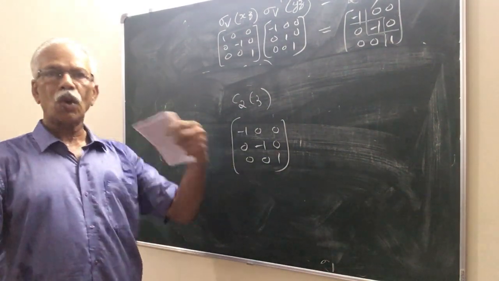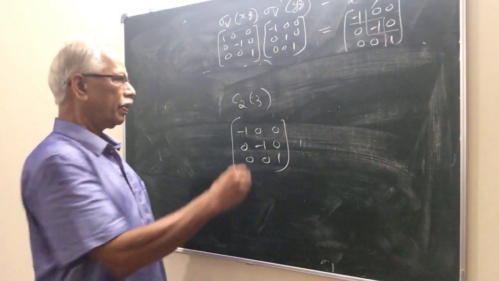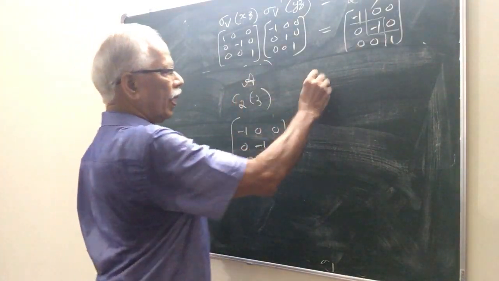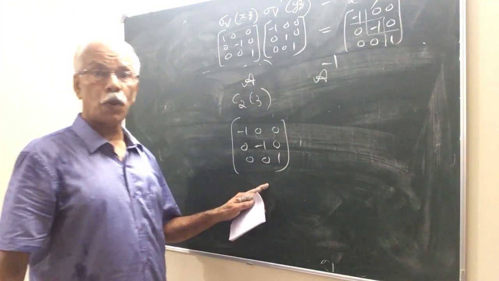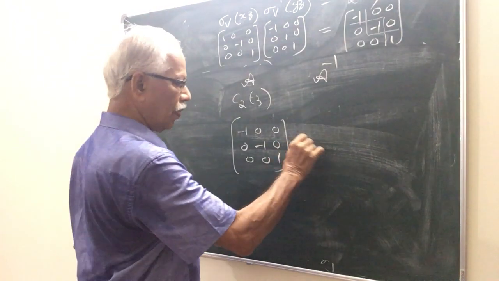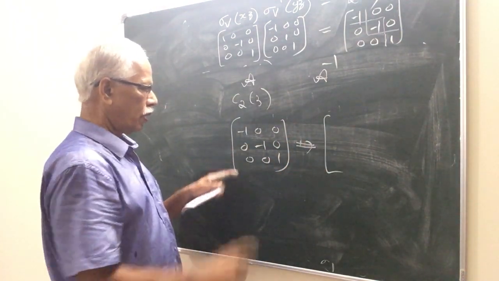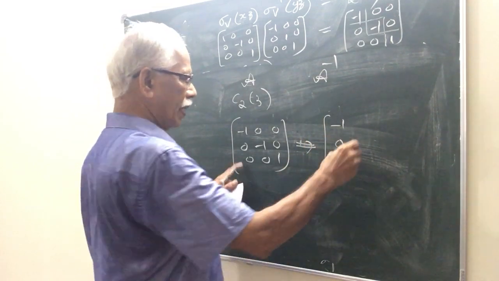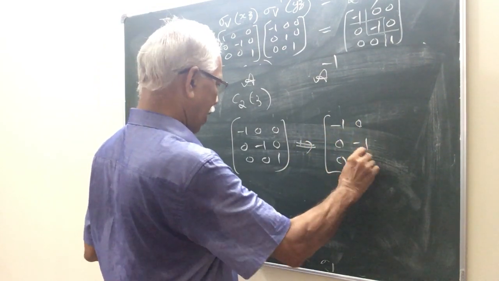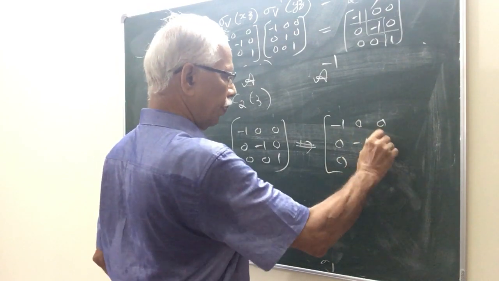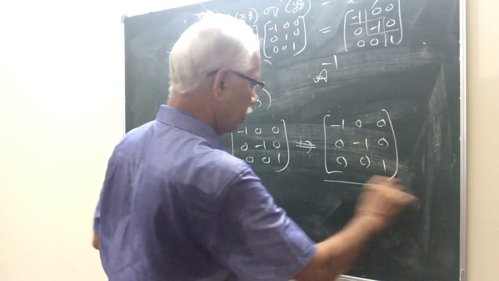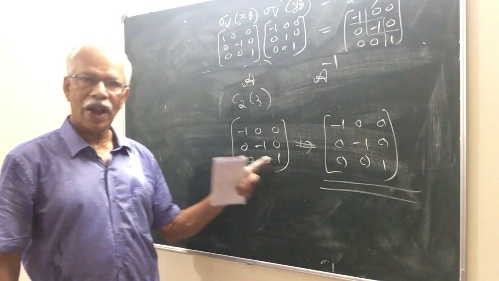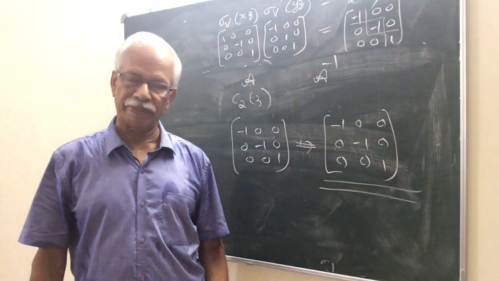Being an orthogonal matrix, its inverse is simply the transpose of it. You write the transpose. First row is written as the first column, second row is written as the second column, and the third row is written as the third column. And you are getting the same matrix. So every operation is its own inverse.